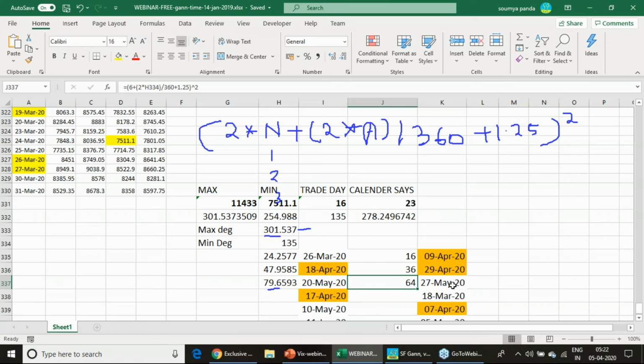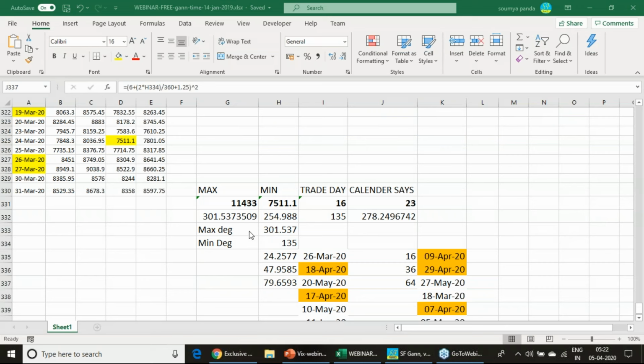So after getting these numbers, 90% of our work is over. Now we have to just add these numbers with the low formation day and the high formation day and predict the coming month's trend reversal day.